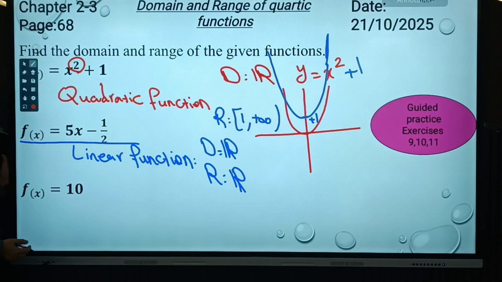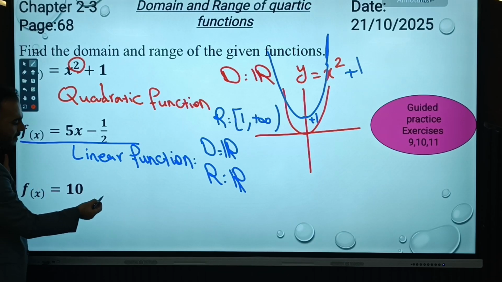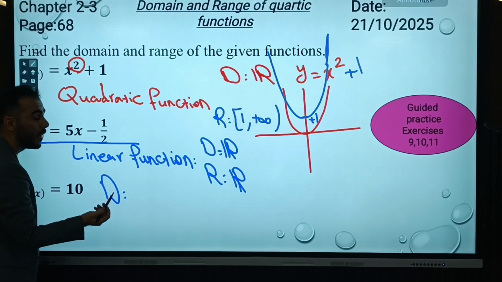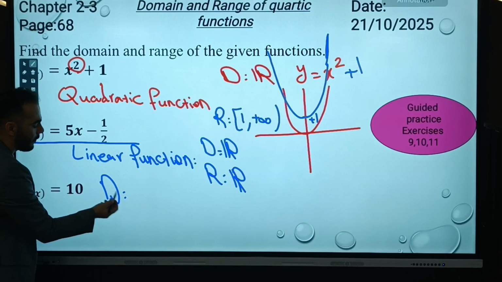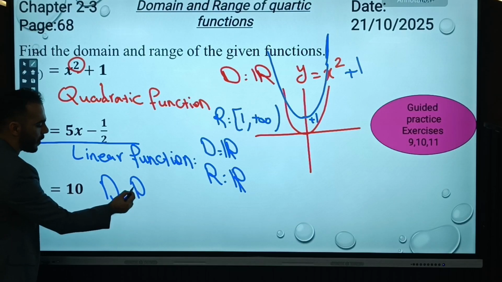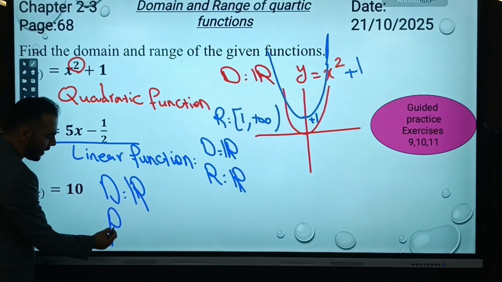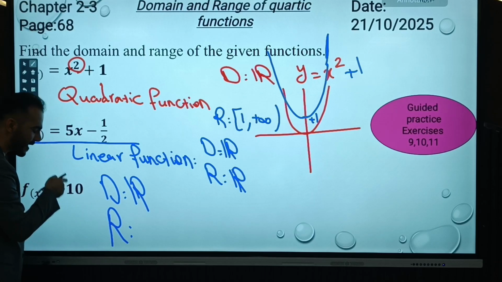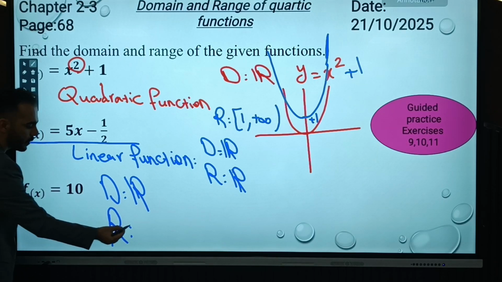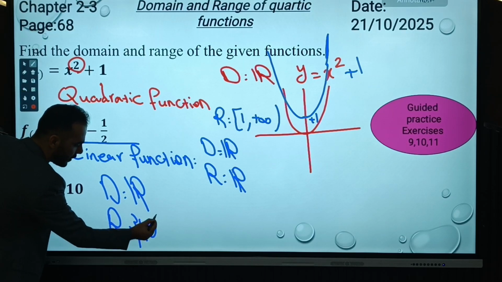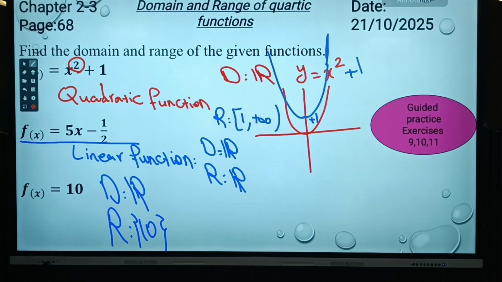In that case, we said that the domain for a linear function or constant function is always R. And the range is exactly only that number, which is 10. So you can just put it inside a bracket like this. Therefore, when we have a constant function, the domain is R, and the range would be exactly that number that the function equals, which here is 10.